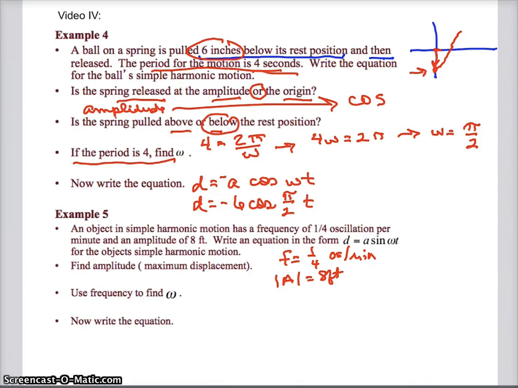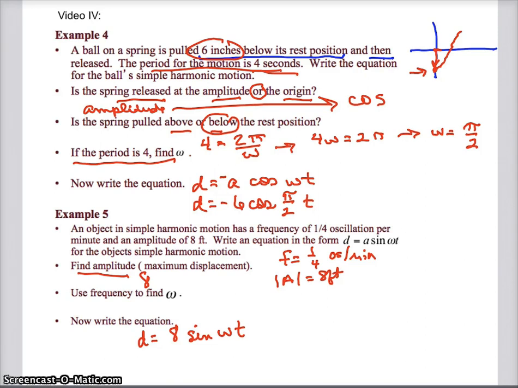So we're already given that this function is a sine function. If the amplitude is 8, then I know that a is 8, so d is 8 times the sine of omega t. I'm getting a little bit ahead of myself. The amplitude, or the maximum displacement, is 8 feet.